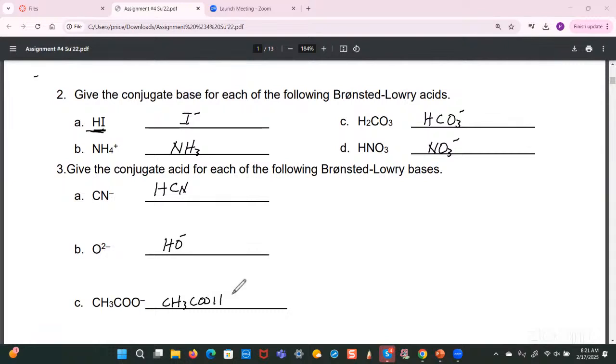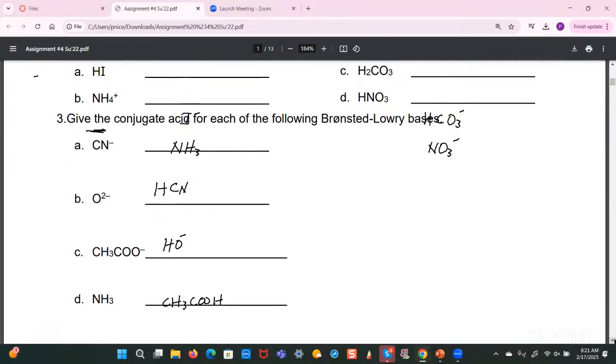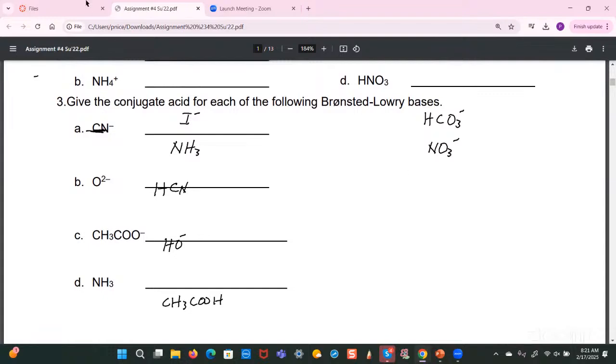Okay, and I think there's one more. Scroll up. Yes, there's one more, NH3. Let me clear all this here. Okay, NH3.